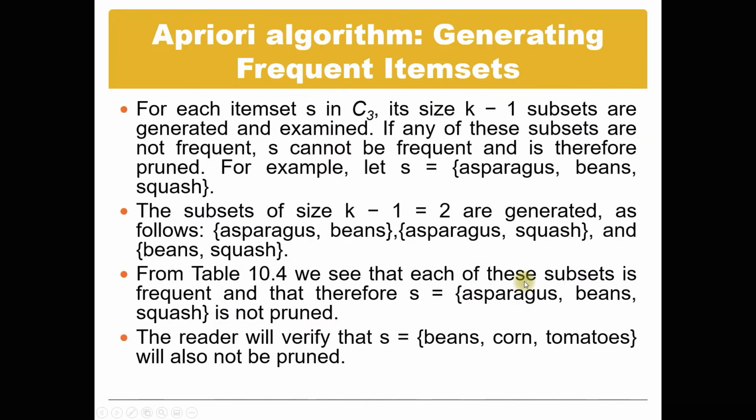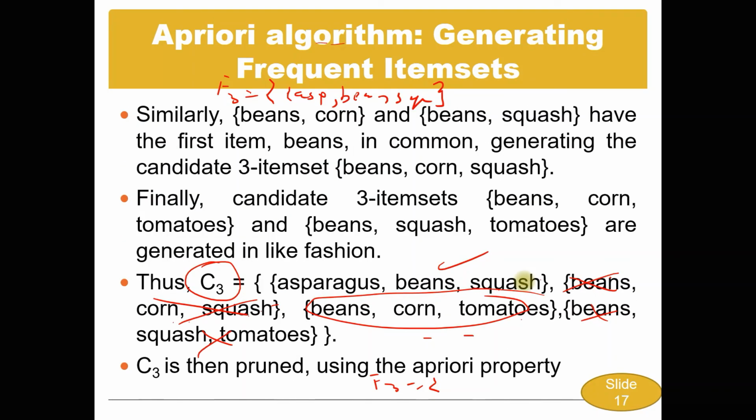So in other words, what is going to happen here? That's the other set that is being pruned out. They will not be forming part of F3. So our F3 is basically only one set of 3 items: asparagus, bean, and squash. That's all.